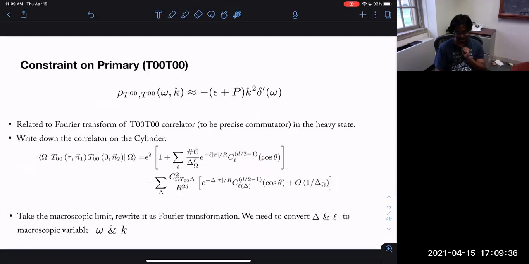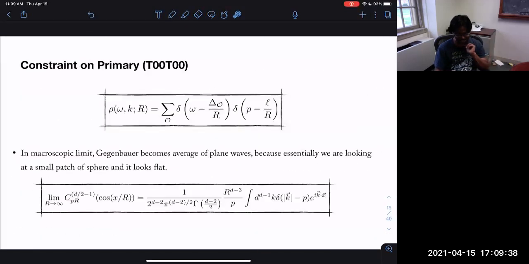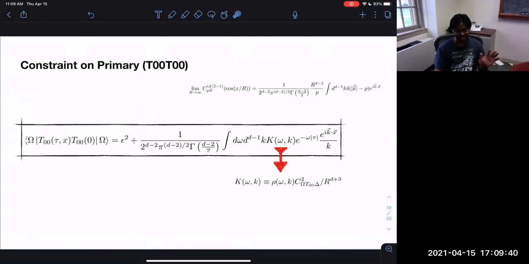And once we do this whole procedure, the dust settles, and we can write down this nice macroscopic form of this T0 correlator. Here we have this epsilon squared, and then you have this quantity capital K, which basically has all the data of the OPE coefficients of your new primaries, and this density of states rho as a function of omega and k.